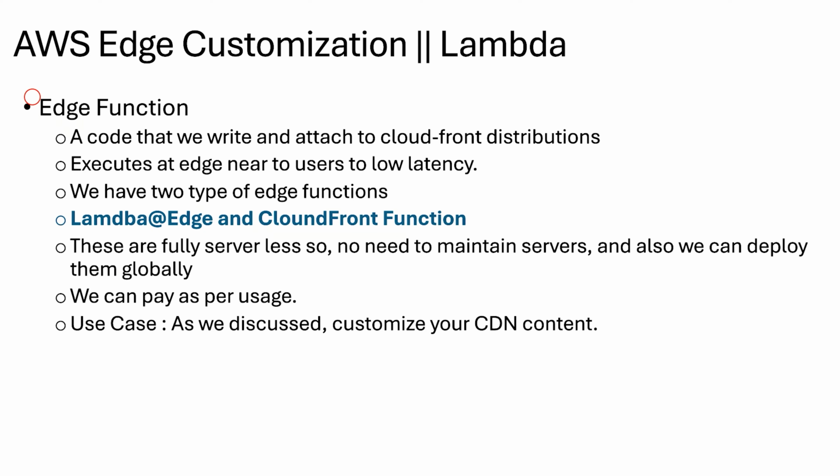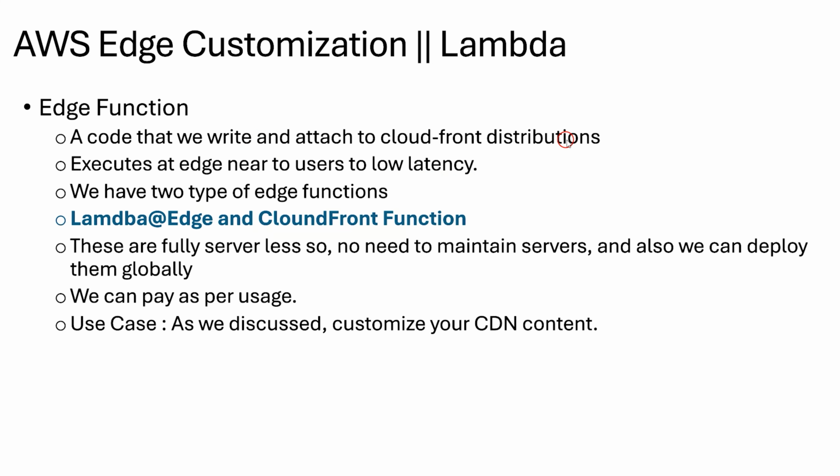What is edge customization and why you need it, we already covered in the previous slide. So in this slide, we'll learn about edge functions. We can achieve edge customization by using edge functions. These edge functions reside in CloudFront distributions. An edge function is nothing but code that we write and attach to CloudFront distributions. Okay.